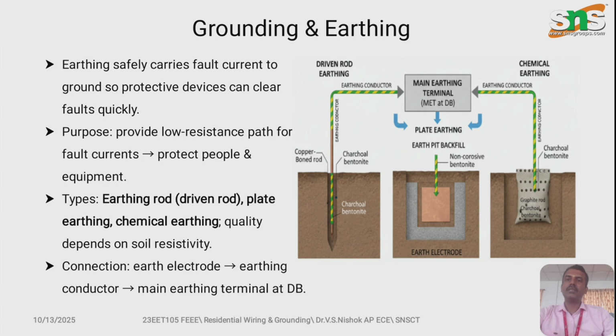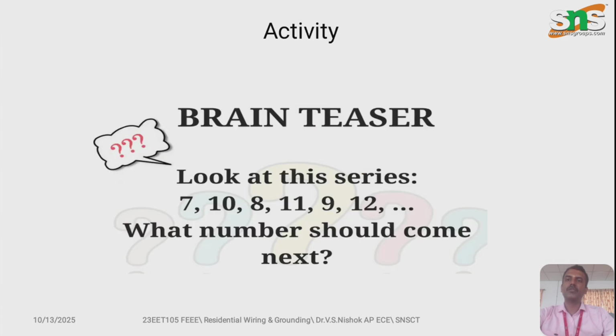The types of earthing shown here are driven rod earthing, chemical earthing and plate earthing. Based on the soil resistivity, we choose one of these and do the earthing for the safety of humans and equipment. This is the part of the activity.